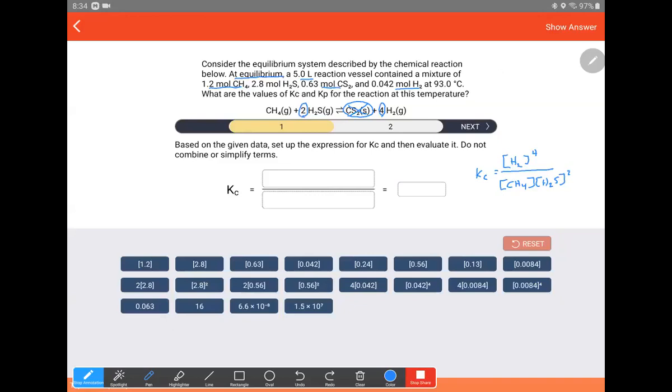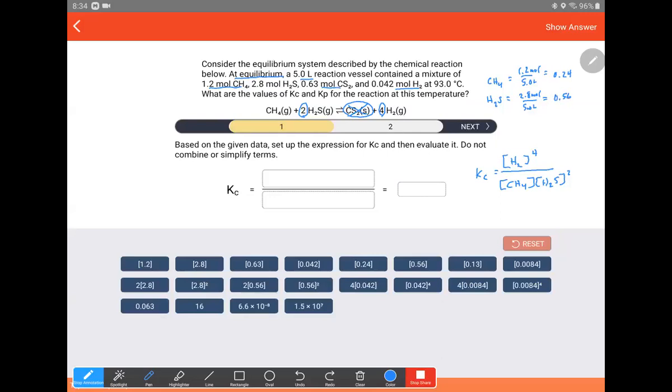So I'm going to start with CH4, 1.2 moles over 5 liters. So I get 0.24. Then I have H2S equals 2.8 moles over 5, 0.56.